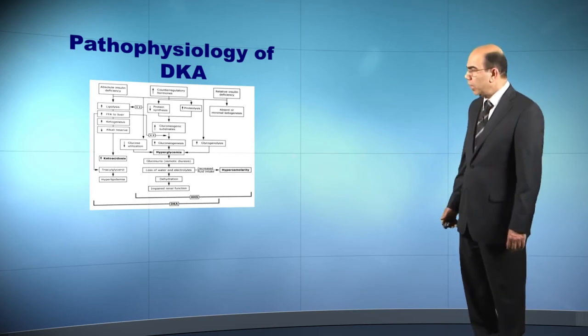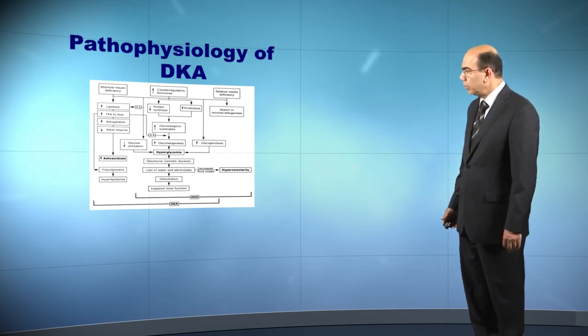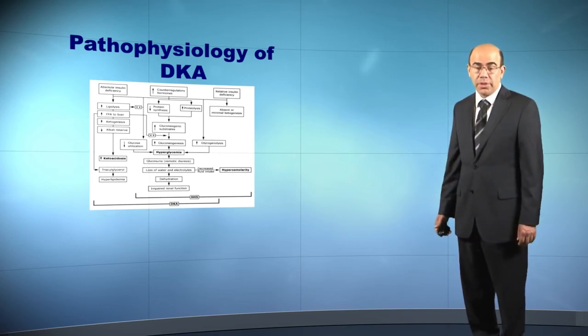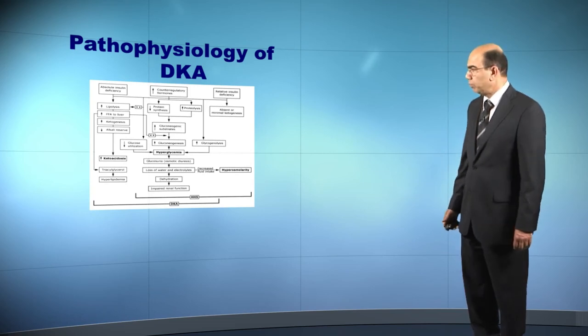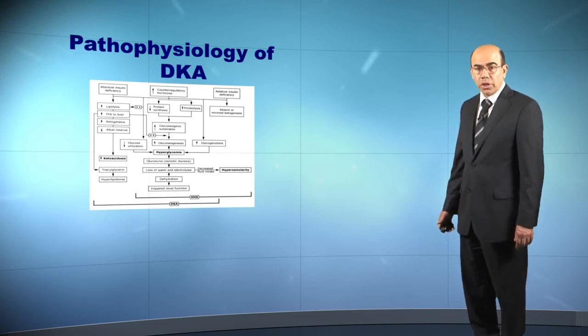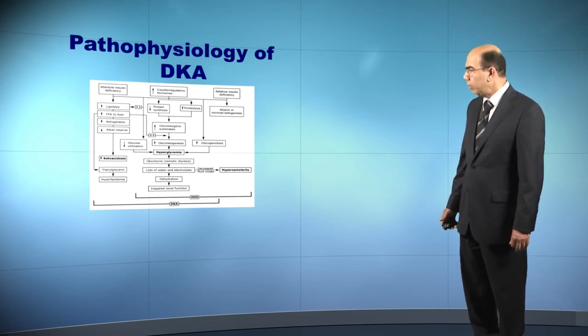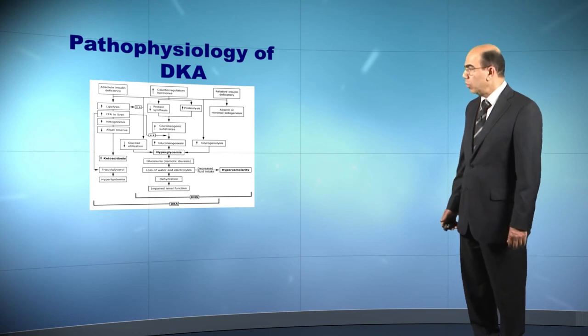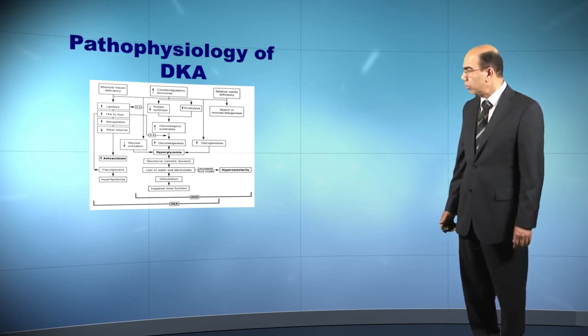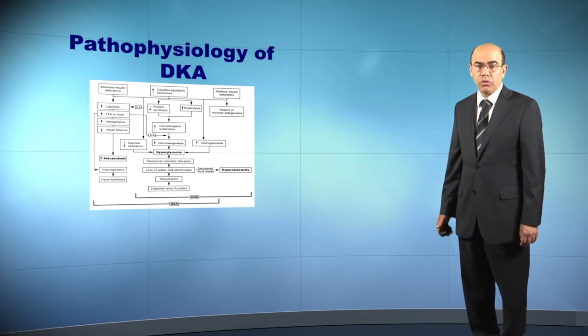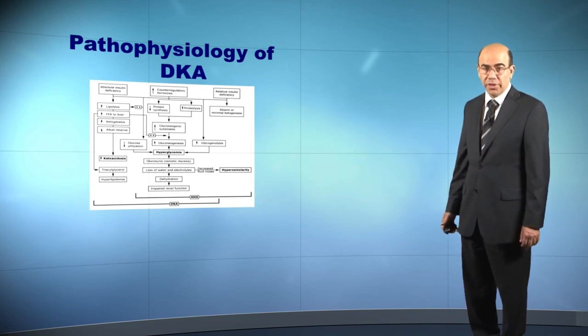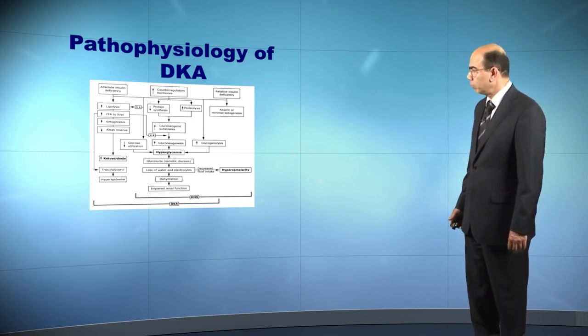These become converted to ketone bodies, and that reduces the pH in the plasma. The counter-regulatory hormones are excessive. That leads to proteolysis and decreased protein synthesis. All of these lead to gluconeogenesis with further elevation of hyperglycemia.